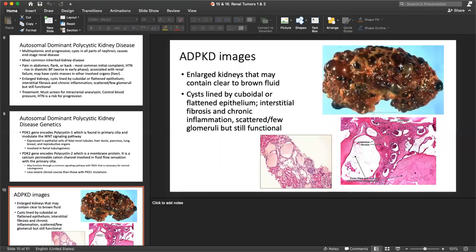If there's one cyst on a kidney, that's normal. You can get cysts anywhere in your body. But if it's completely cysts, I mean, there's nothing that kidney is able to do. So you can see it on microscopy.